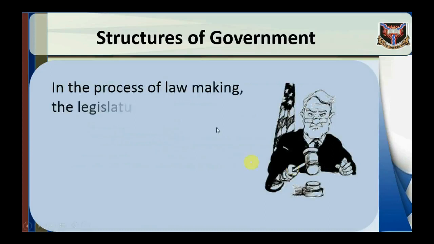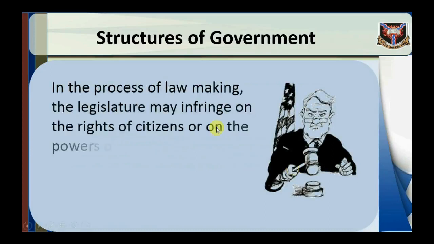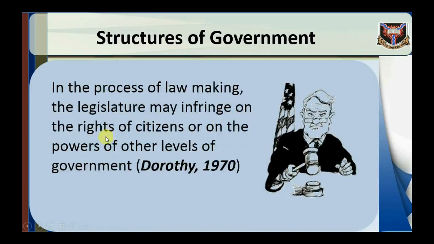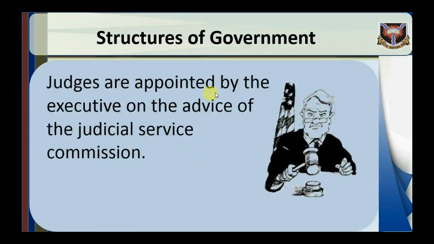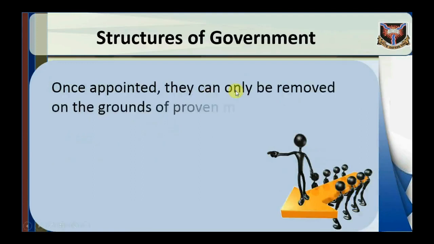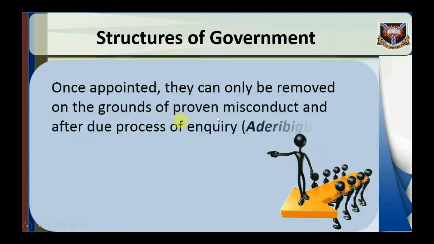In the process of lawmaking, the legislator may infringe on the rights of citizens or on the power of other levels of government. Dorothy, 1970. Judges are appointed by the executive on the advice of the Judicial Service Commission, but once appointed can only be removed on the grounds of proven misconduct and after due process of inquiry.